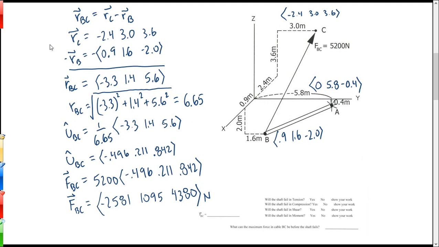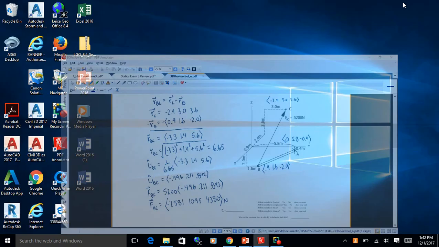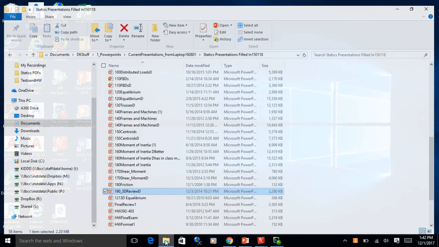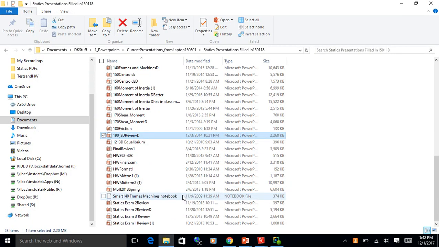So what we're going to do here, we're going to do a bunch of stuff with this force. That isn't what I think it is, is it? Darn it. That isn't what you've got, right? No. Well, that's no good. So the question then arises, where is it? 3D review, friction. Well, that should be what I thought that thing is, but it isn't. Darn it.